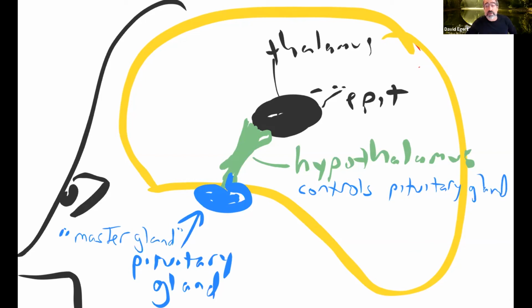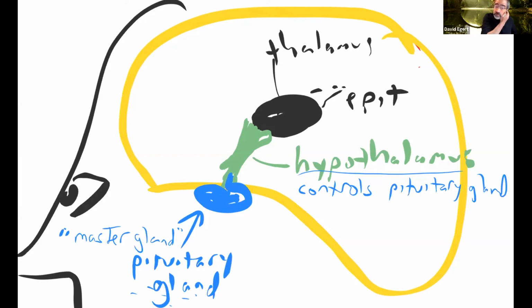We'll talk much more about that when we get to the endocrine system. There are 2 different ways it does this: through direct formation of hormones through the posterior pituitary, and through releasing hormones through the hypophyseal portal system for the anterior pituitary. But either way, the hypothalamus is basically controlling the release of pituitary gland hormones, which then are controlling all sorts of other things, controlling your kidneys, your stress response, growth, and so much stuff in your body.